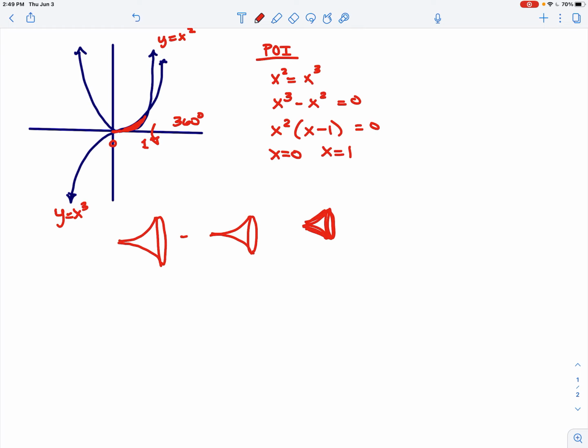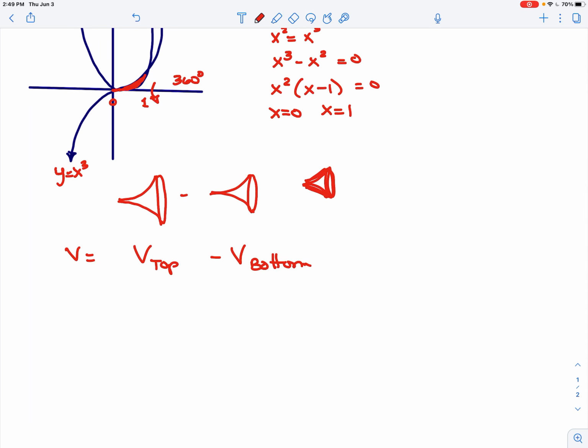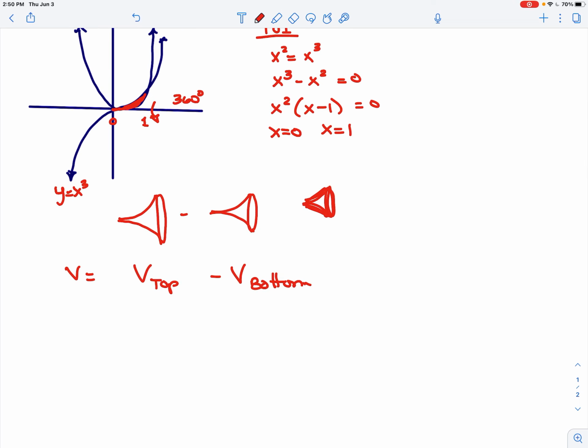It's almost like a vase or a flute. So the volume is going to be the volume of the top, rotated, minus the volume of the bottom, rotated. And if you don't know which is the top or bottom, you can put absolute value bars, and that saves you from having to figure that out.